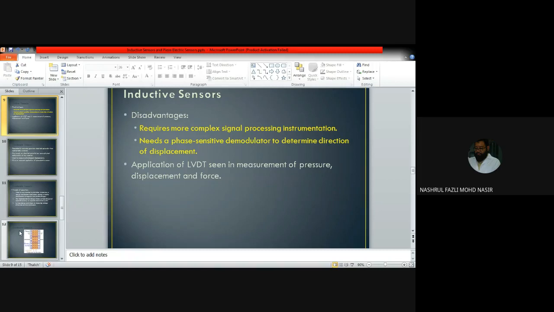You can see from the lecture notes the ability to measure pressure, displacement and force.